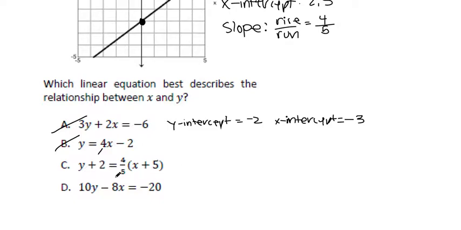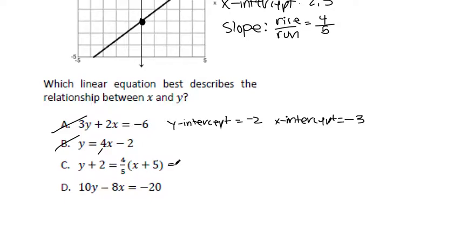Let's look at C. I'm going to do a little more work on this. Let me see. I'm going to convert this to slope-intercept form so I can see what's what. So if I convert this to slope-intercept form, all I'm doing is solving for y. All right, so let me distribute first.